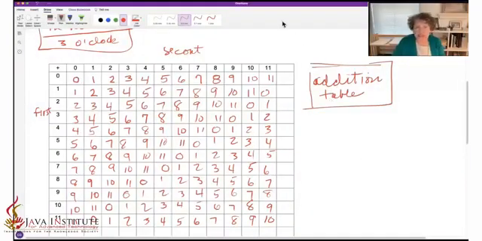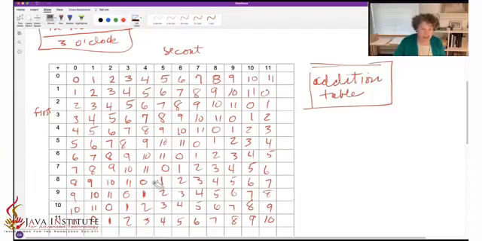And let's see, I got to make sure I can see the chat here. Okay, does anybody see a pattern? Okay, now there's tons and tons of patterns in here. Probably tons isn't the right word.